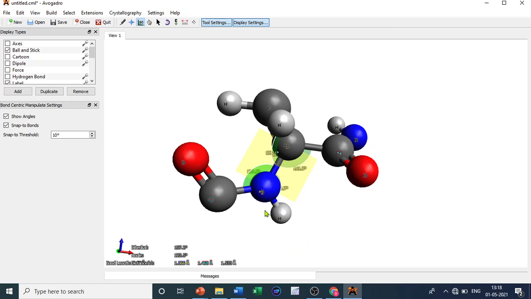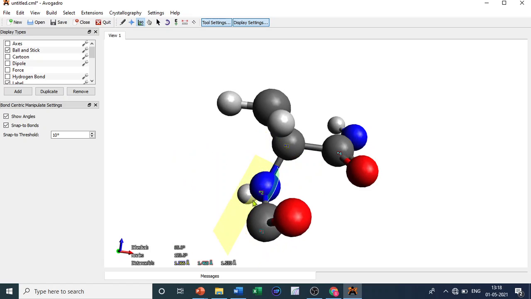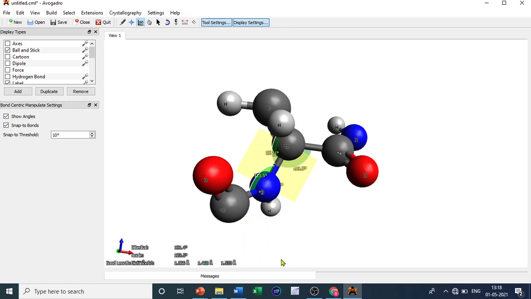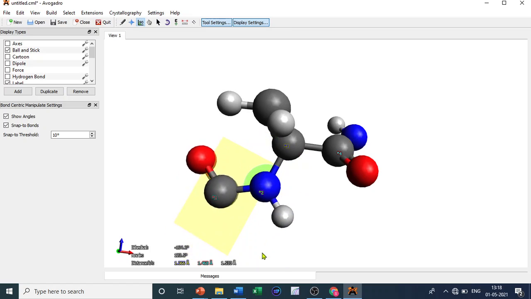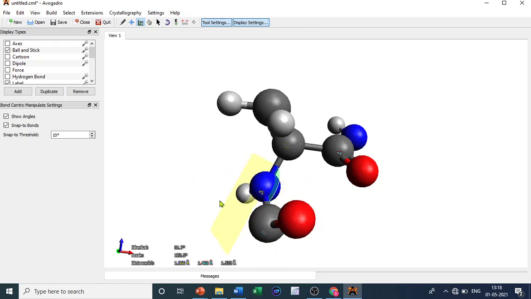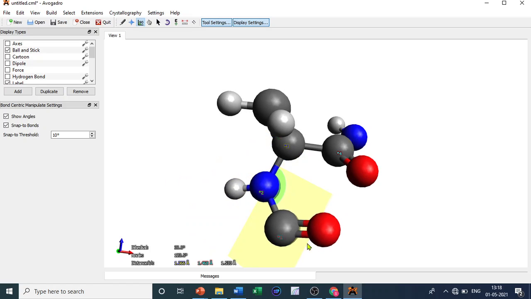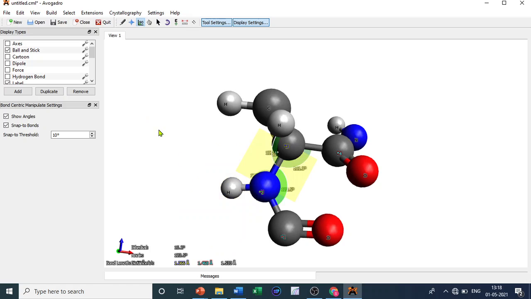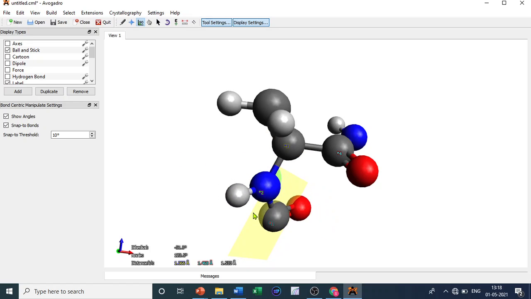So let's rotate it to bring it to minus 60. Minus 60, right? So that is right here.